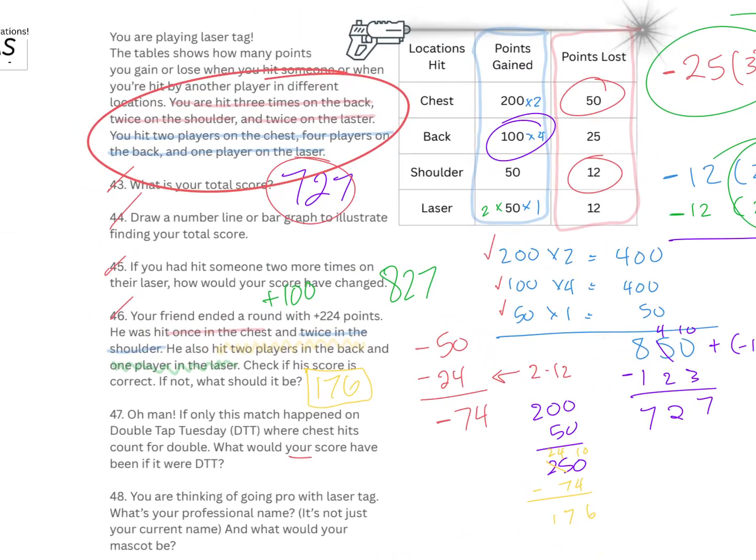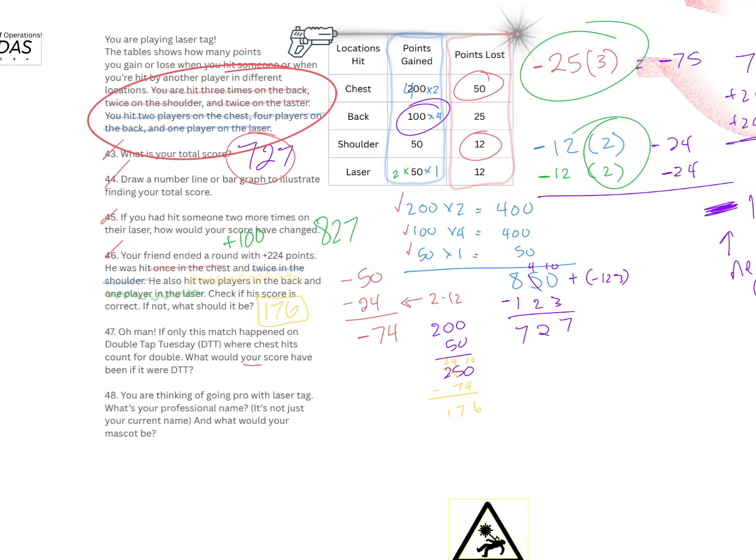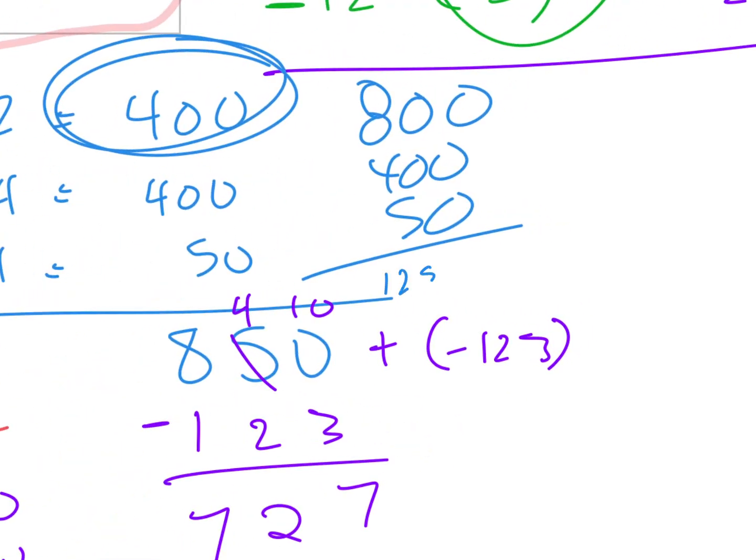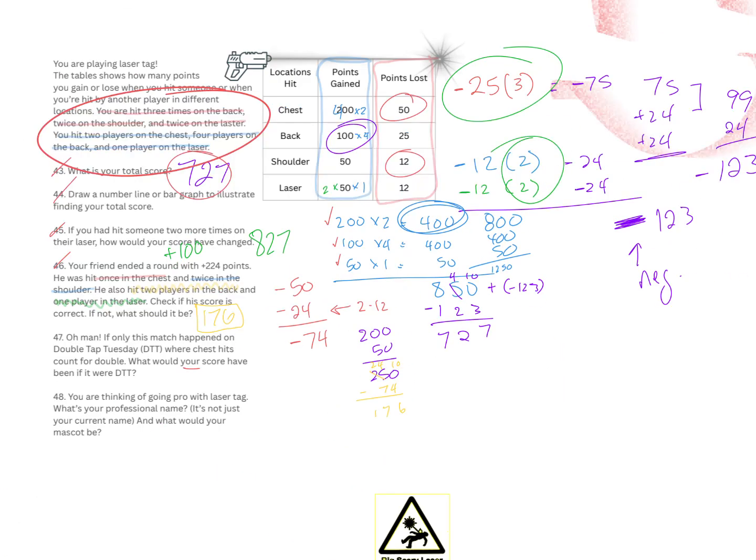And let's see, you hit 2 players on the chest. So yeah, 200 times 2. So really it would have been 400 times 2. So right here is where we did that. And so that would have been 800, 450. So when you add 800 to 450, that's 1250.